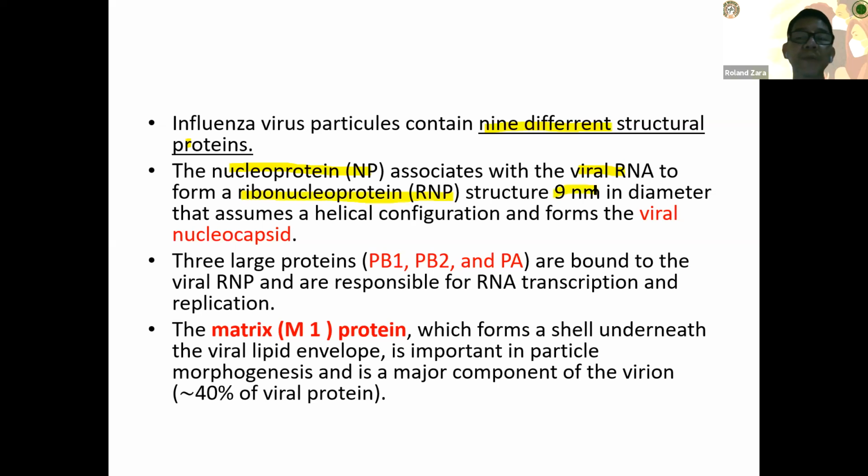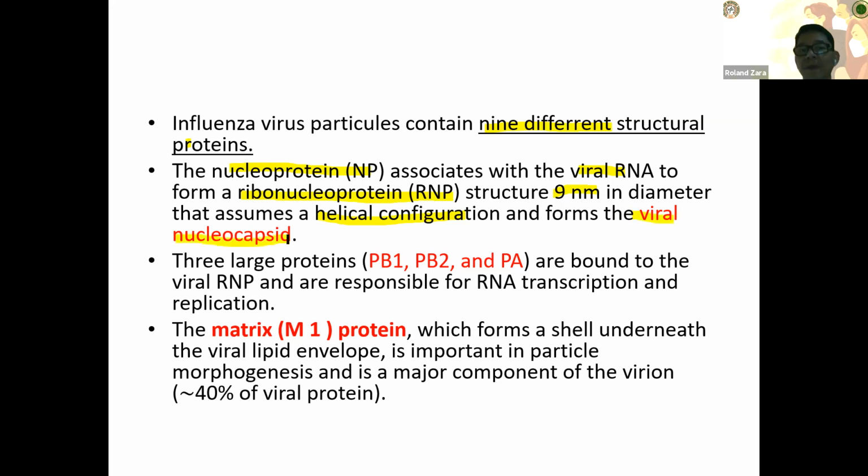This nucleoprotein also assumes a helical configuration, so it looks like a pillow, spherical configuration. Later on, we will see the structures of these, which form what we call your viral nucleocapsid.